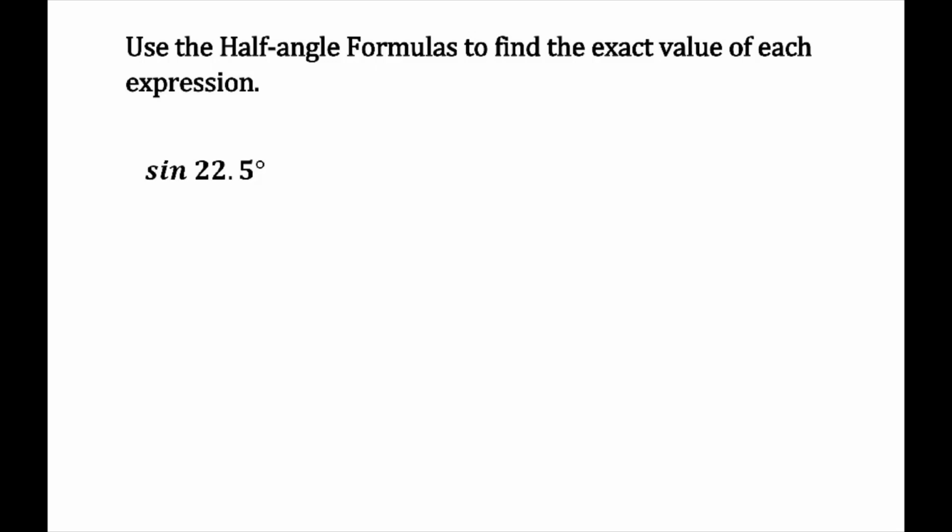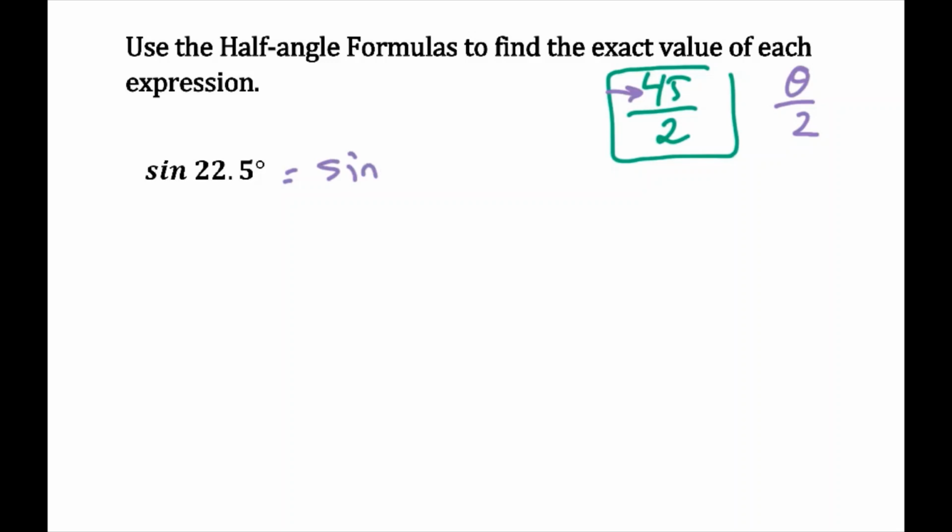Now in this question, they want us to use the half-angle formula to find the exact value of each expression. Now if you try 22.5, 22.5 is basically 45 over 2, right? So my theta is going to be 45, so theta over 2. So I could say it's sine of 45 over 2.